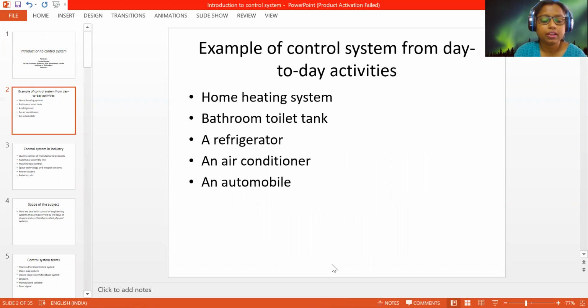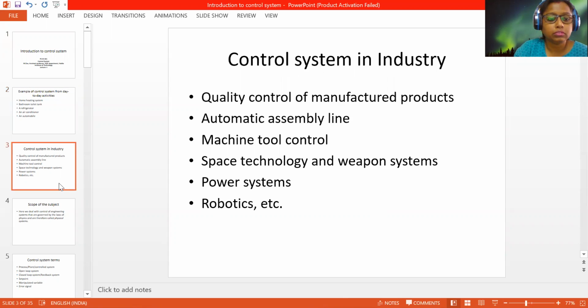So here we have this subject which describes how we are using these systems in our day-to-day life, as well as where in industry we can apply control systems and where we have the entire system to be controlled for different types of parameters that we have.